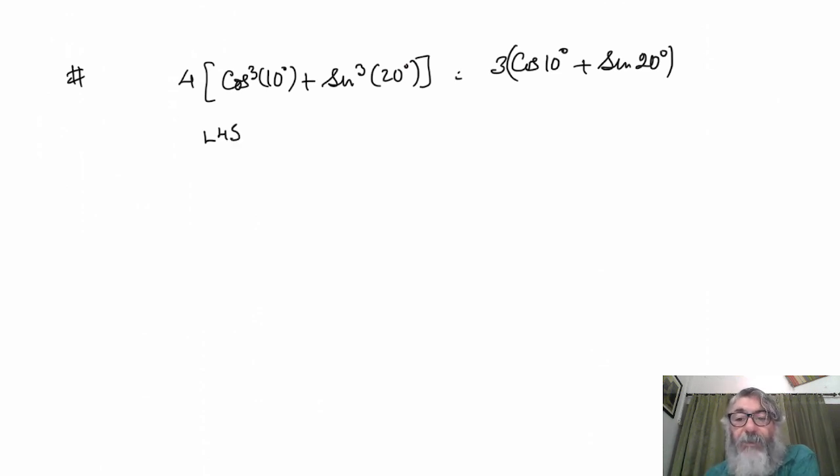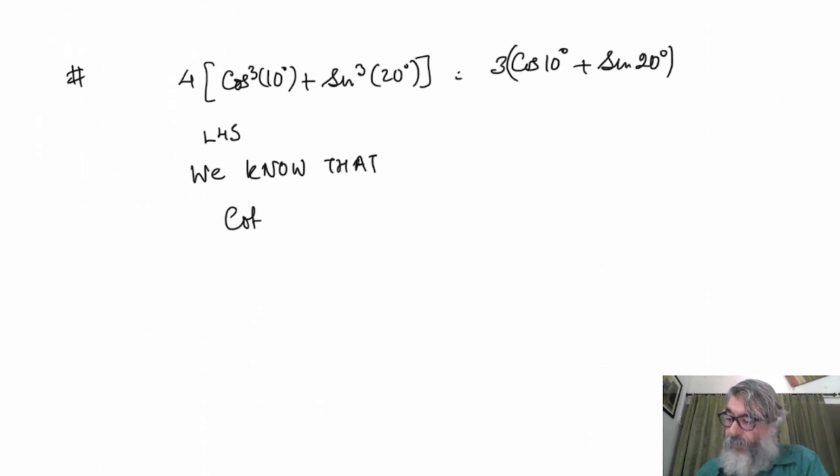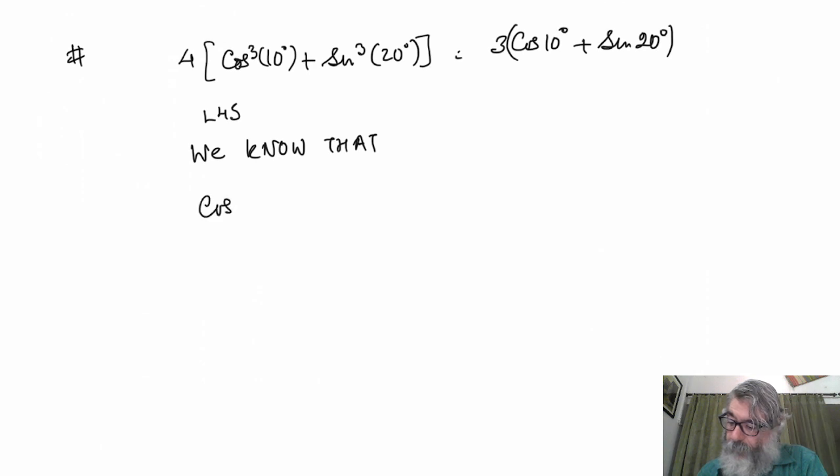Cos cube and sin cube are coming, so we have to use the formulas of cos 3 theta and sin 3 theta. We know that cos 3 theta is 4 cos cube theta minus 3 cos theta.